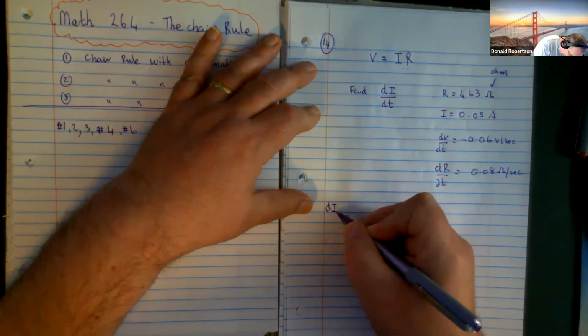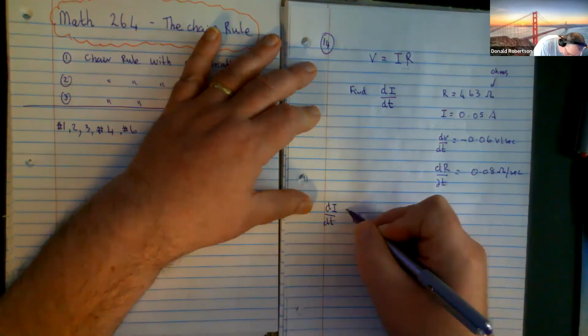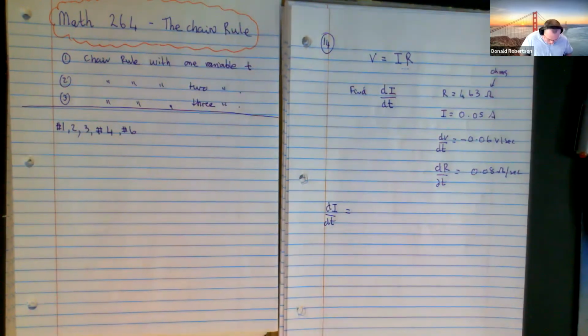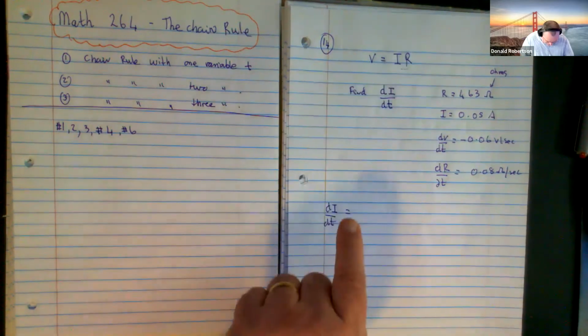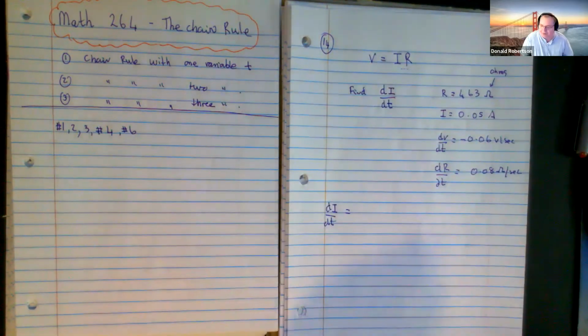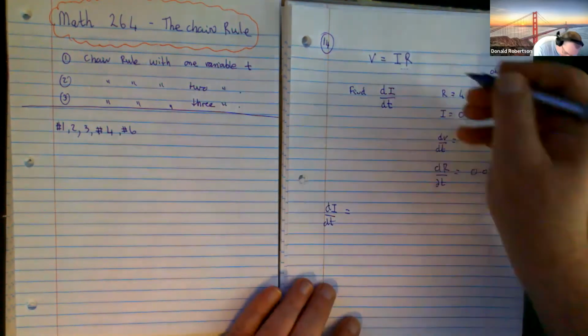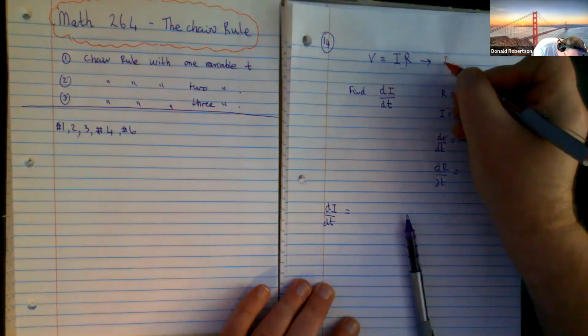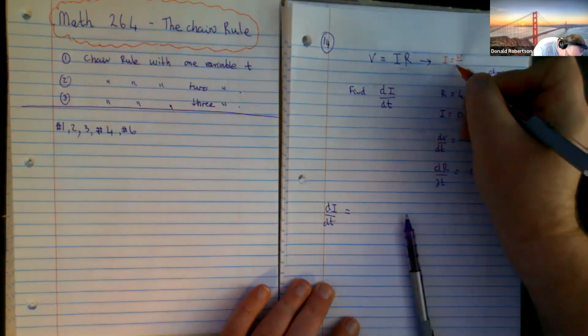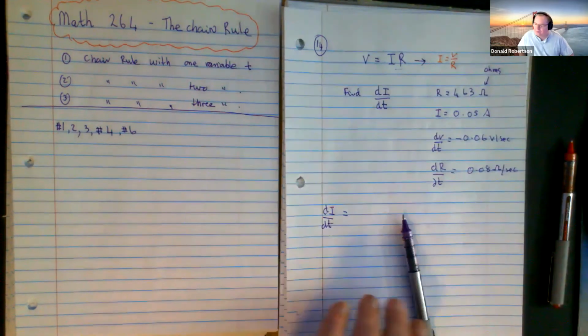To find dI by dt, I'm going to use the chain rule. But that formula isn't really the one I need. Don't I need to change it? Agreed?